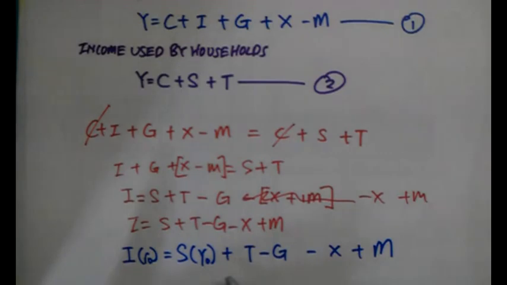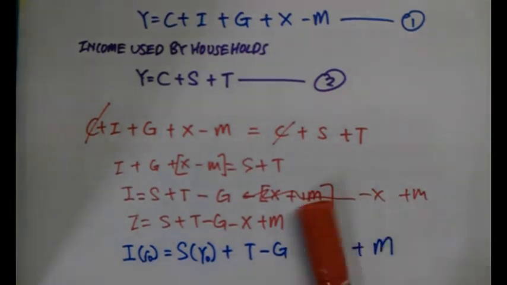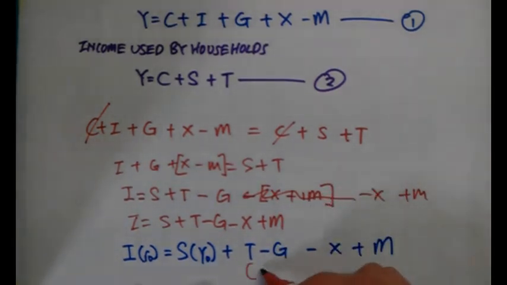Similarly, for tax revenue less government spending, if this is in a surplus, which means that this is a positive number over here, this is going to mean more funds for investment. Therefore, when my government is in a surplus, I have got more investment.